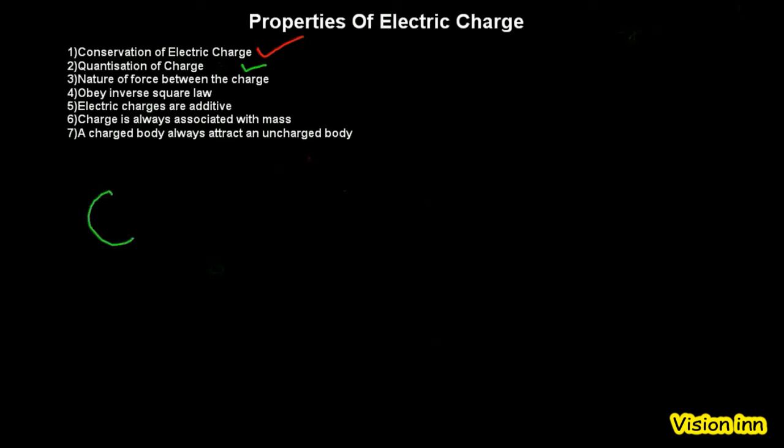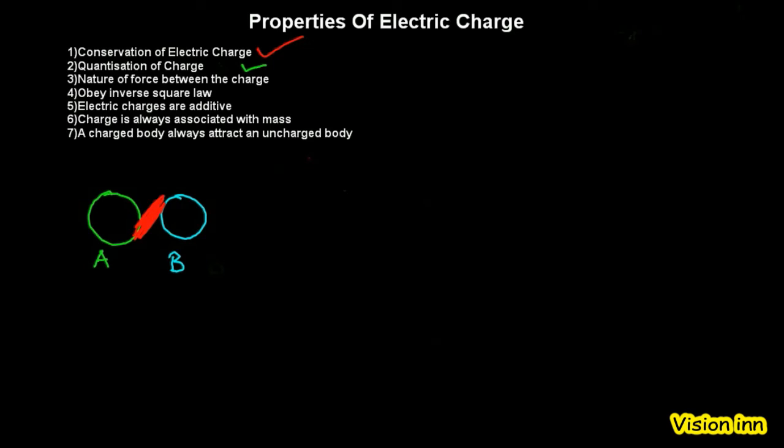Suppose I have body A and body B, both bodies are neutral. Now I rub these two bodies. There will be transfer of electrons.